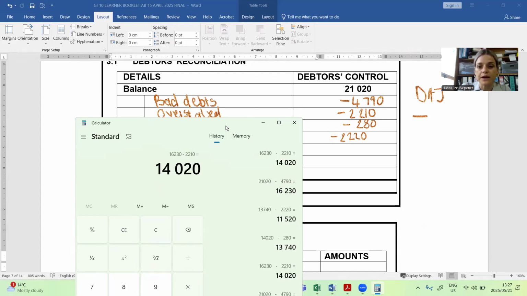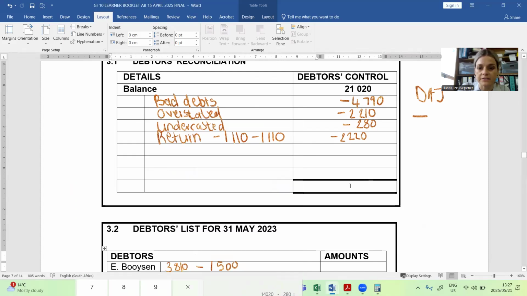Then we also have to minus the 280 because we calculated our totals in the DAJ incorrectly. And then we have to correct that incorrect credit sale that was actually not a credit sale and account for the return. So 11,512, 520. There we go.